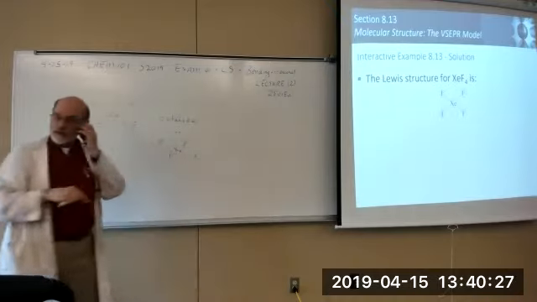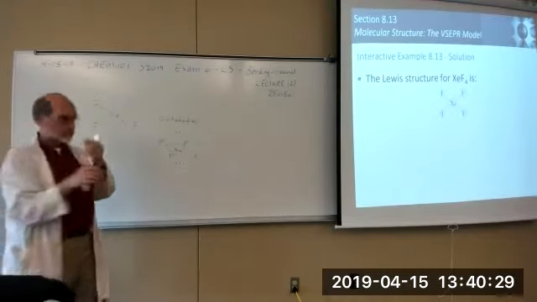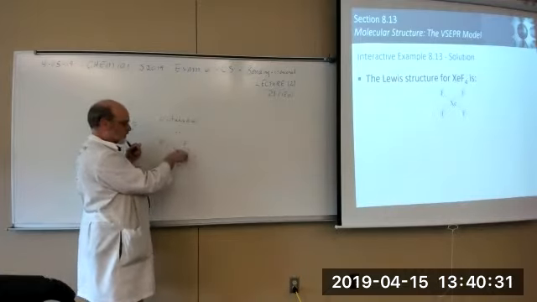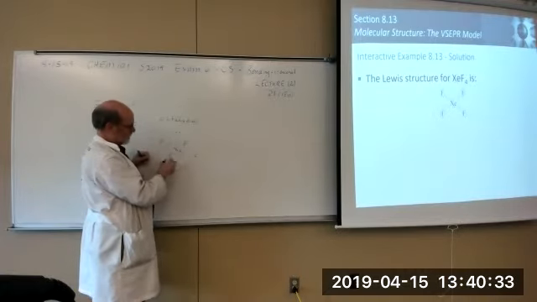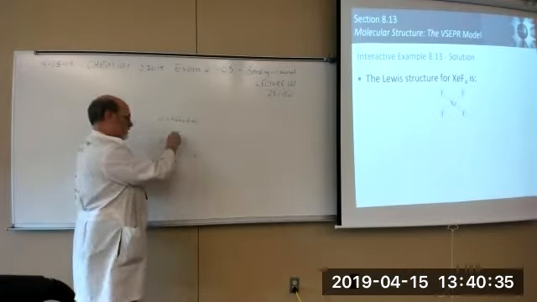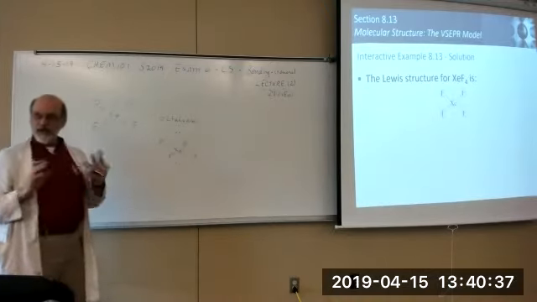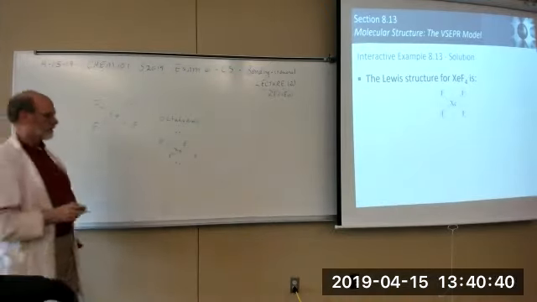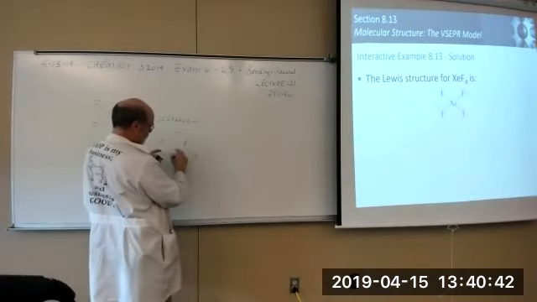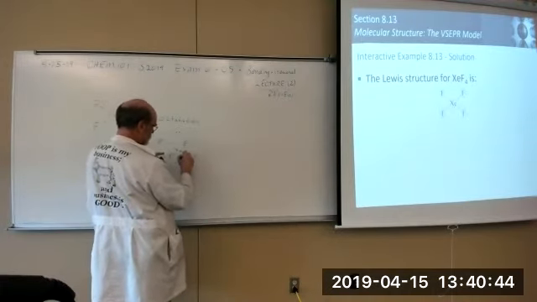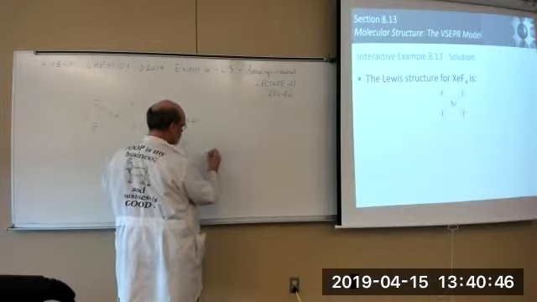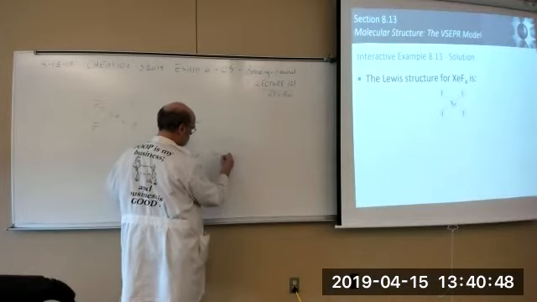And remember, lone pair electrons tend to balloon, right? So they get closer to one another than bonded pairs. So if we put them down here, they're actually 180 degrees apart. That is preferable. That's more stable. So the molecular structure for this system is square planar.